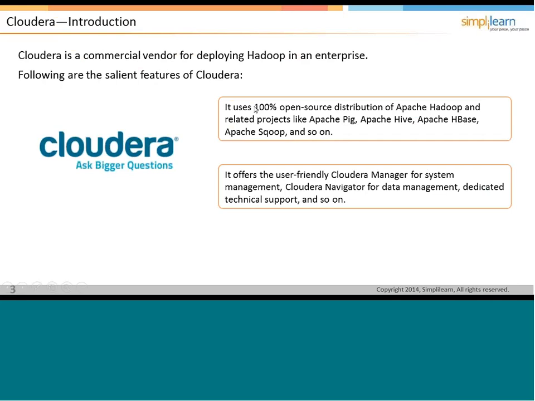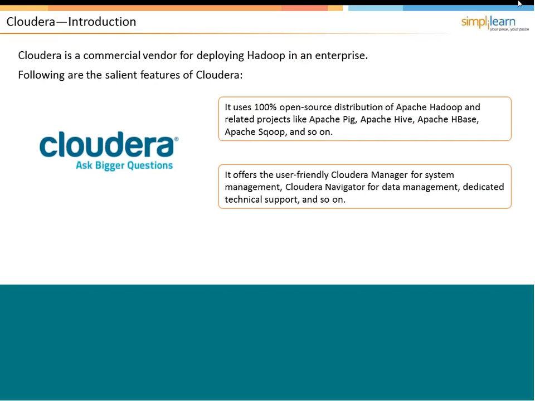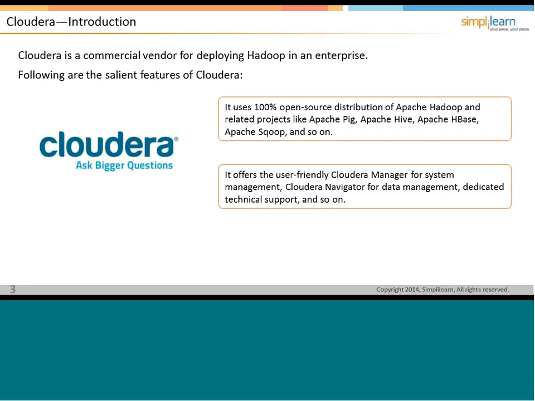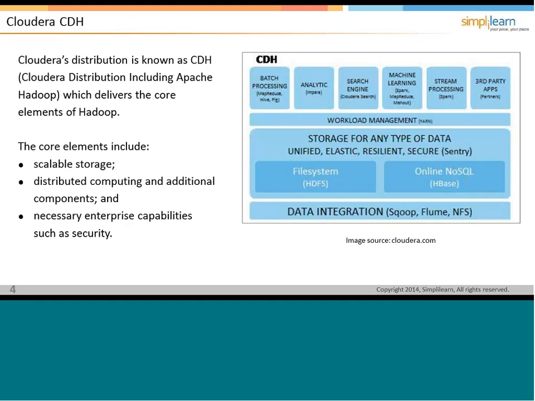Cloudera is a commercial vendor for deploying Hadoop in an enterprise, and it uses 100% open source distributions of Hadoop and related projects like Pig, Hive, HBase, Sqoop, and so on. It offers the user-friendly Cloudera Manager for system management and monitoring all the services on Cloudera. Cloudera's distribution is known as CDH, Cloudera Distribution of Hadoop.